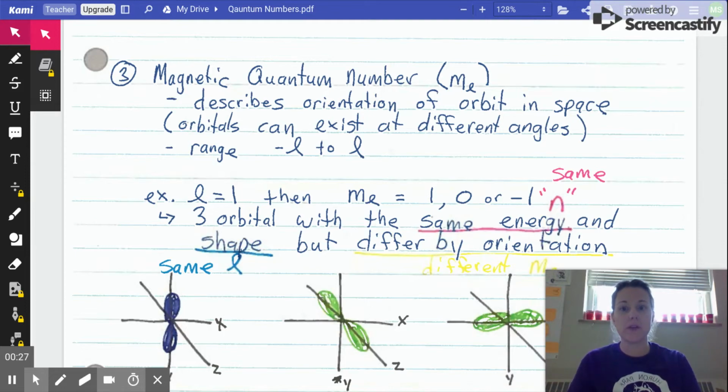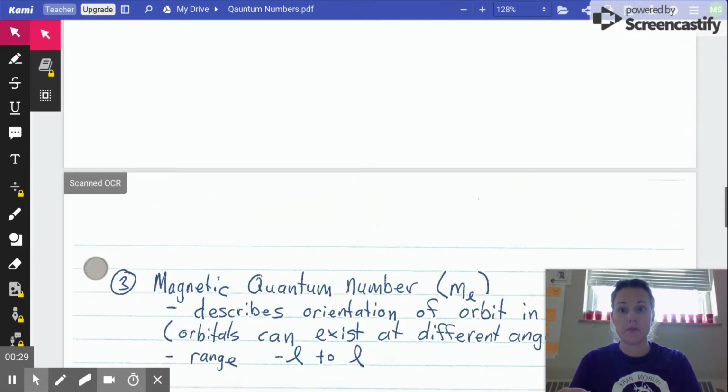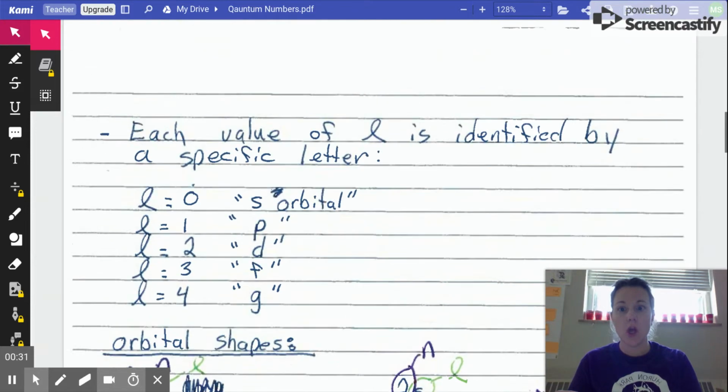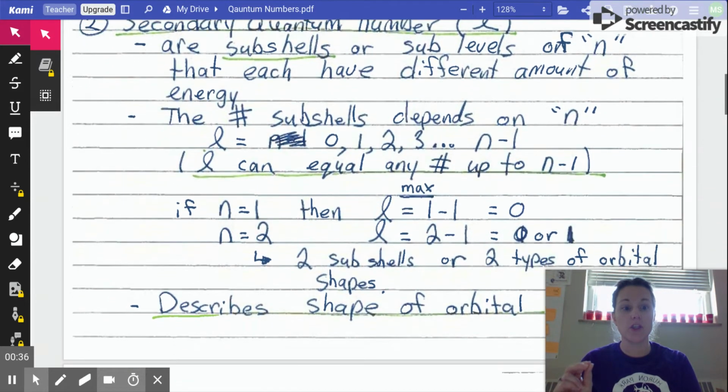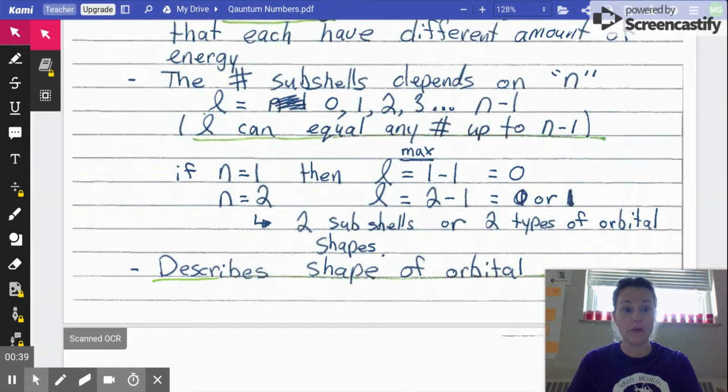And then we talked about the second quantum number, L, the secondary quantum number, and this describes the shape of the orbital. So the shape of the area of probability where we can find the electron.